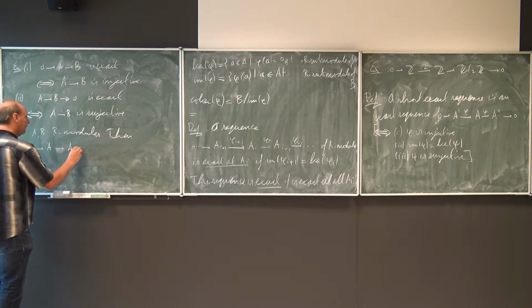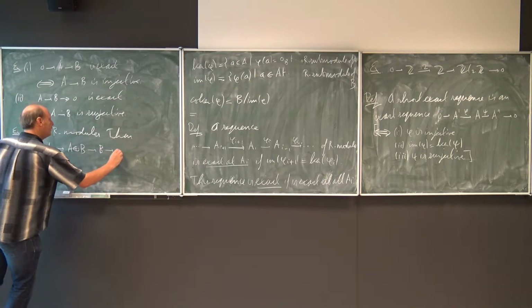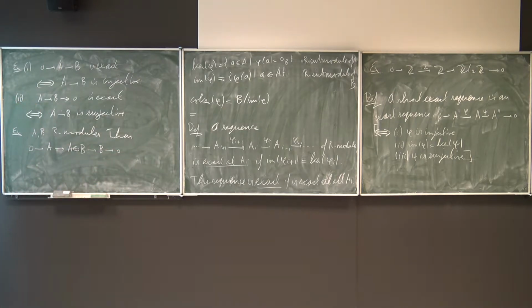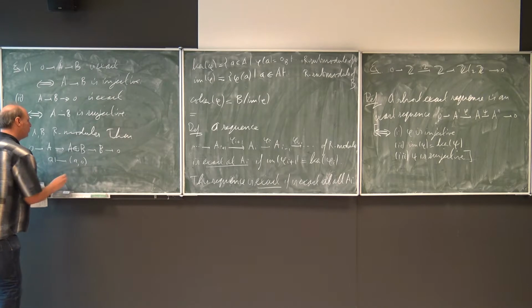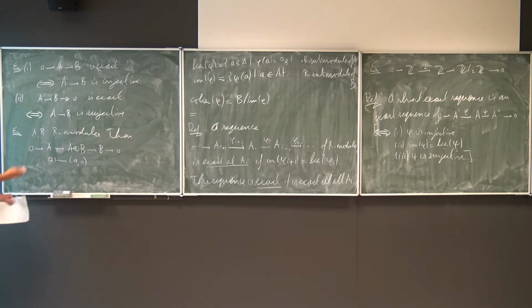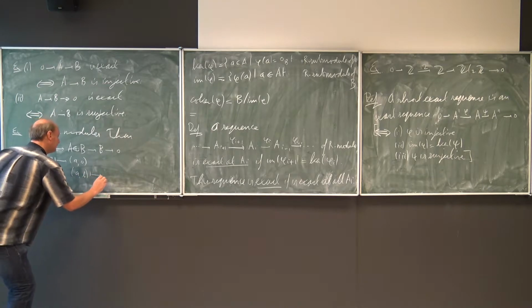I can look at the direct sum of A and B, and let me specify the maps. So here I include A, so I take A and I give it the coordinate 0, B, so that's the inclusion. And here I take (A, B) and I project this to B.